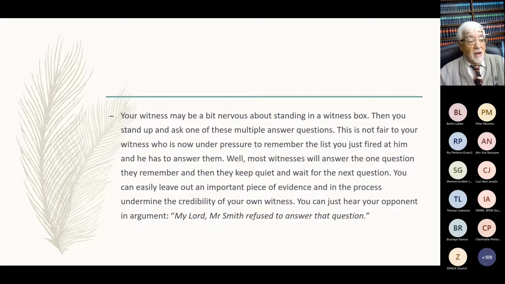You could then leave out an important piece of evidence, and your witness's credibility could become a problem. You can just hear your opponent say, my lord, Mr. Smith refused to answer that question. He didn't refuse to answer it. He forgot to answer it because he was confused by you, okay?